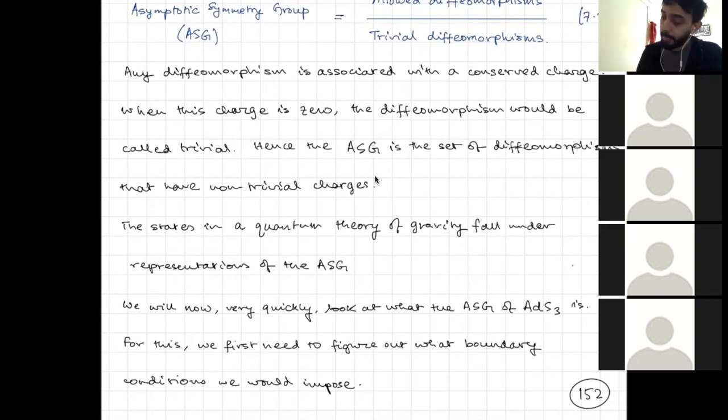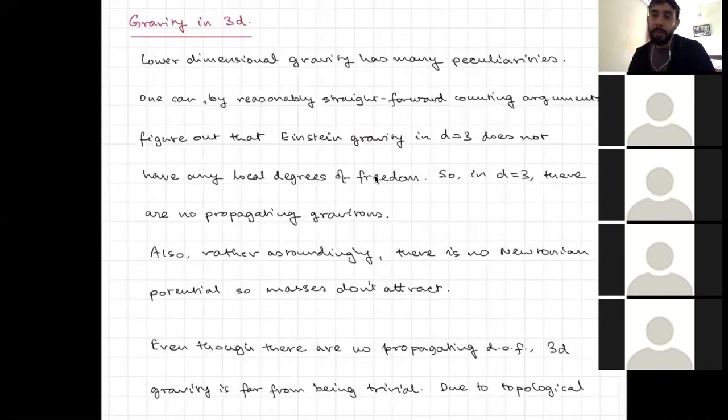All right. Three-dimensional gravity, and in general gravity in lower dimensions, has many peculiarities. You may have seen this when you were looking at the degrees of freedom of the graviton in d equal to 4.